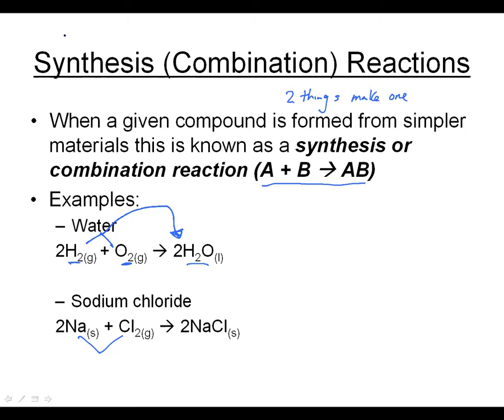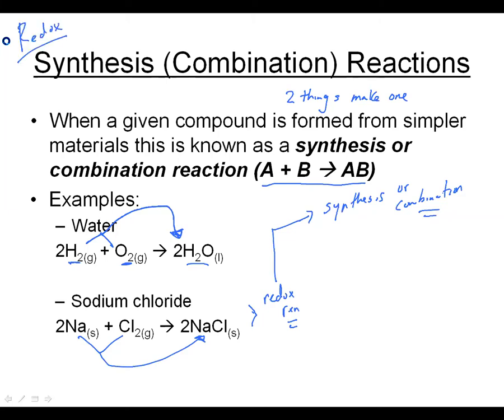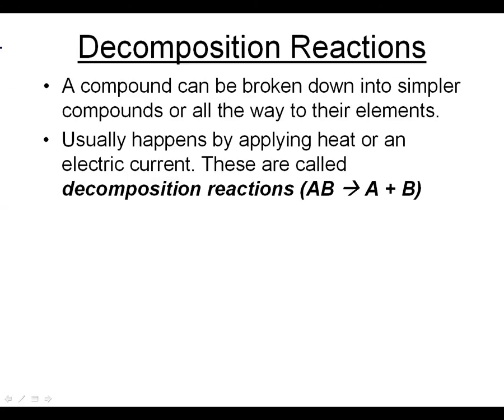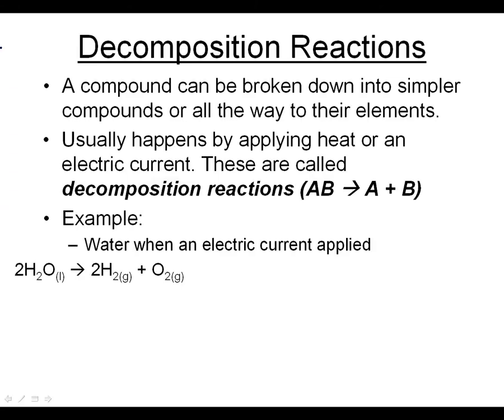So again, as we talked about earlier, this is a combination to identify them. But again, this is under the big redox reactions. Now, the opposite of that reaction is a decomposition reaction.